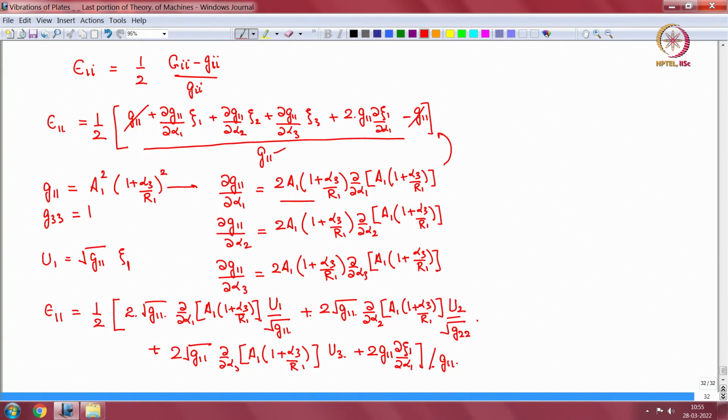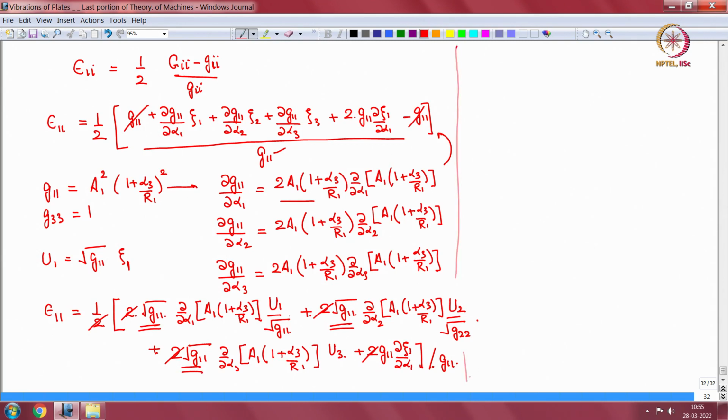Okay. So, what shall we do? What we do is, everywhere there is a 2 first, so we can take it out. This 2 goes with that 2, goes with that 2, this and this 2 goes away, okay. And here there is a root G11, root G11, root G11, and this is G11, okay.